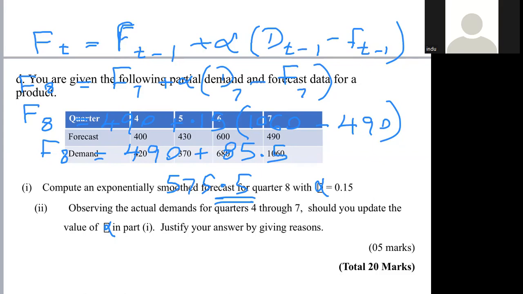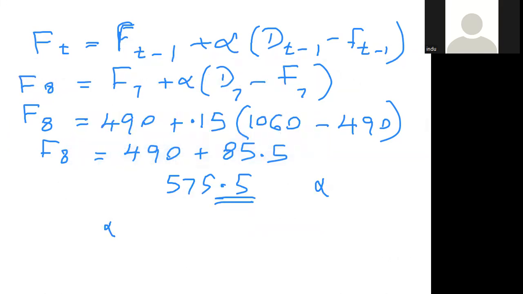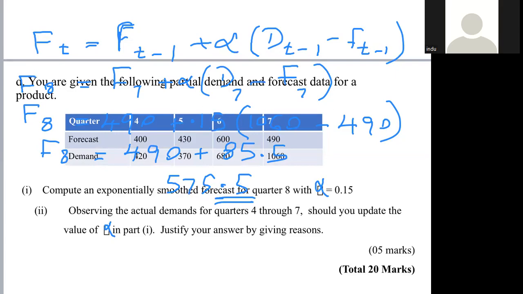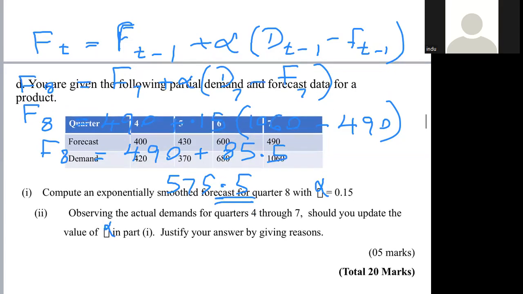So the thing here is the forecaster should know what is the most appropriate value for alpha, because we know alpha can get a value between 0 to 1, right?